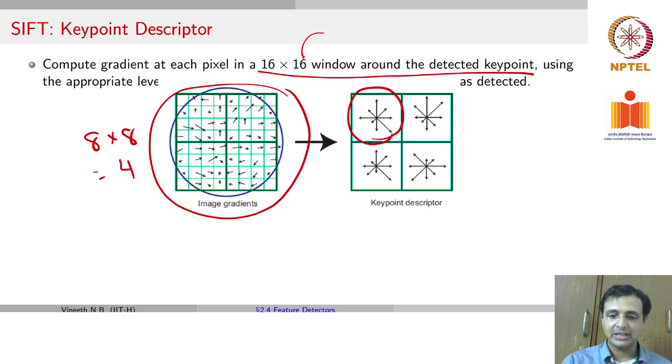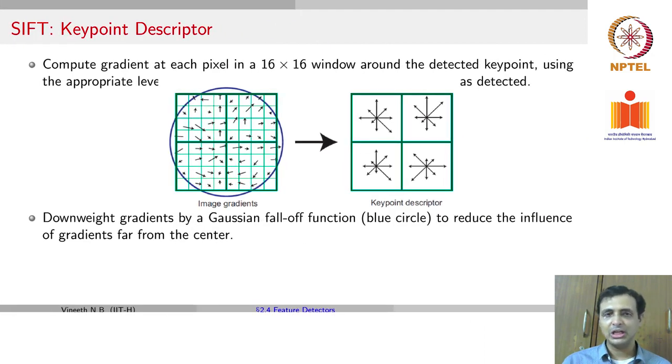Just to remind, in an 8 cross 8 window, you would have 4 such histograms, but in a 16 cross 16 window, you would have 16 such histograms. Each histogram has 8 orientations because you have 8 bins, and every point in that 4 cross 4 patch contributes to one of the bins in the histogram.